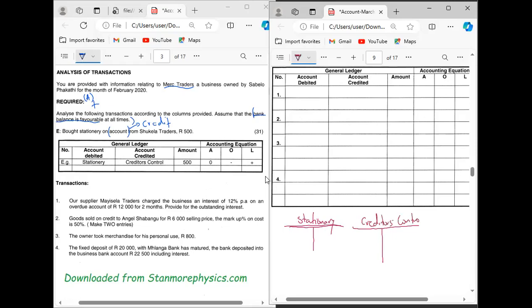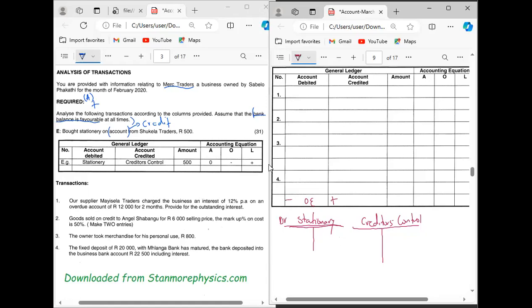And now guys, from this step we need to be able to classify our accounts. So stationery is classified as owner's equity. And we know that owner's equity under the credit side must be positive, and owner's equity under the debit side must be negative.